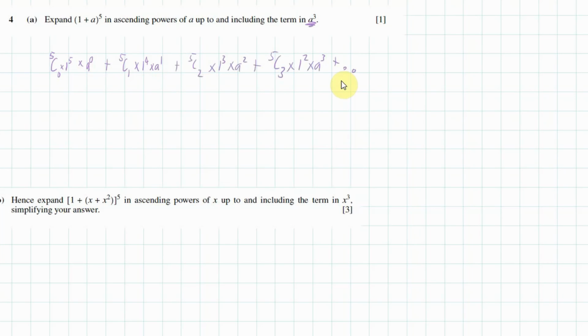Now we are going to simplify this. What is 5 choose 0? That's 1, and that'll be 1 to the power of 5. a to the power of 0 is just 1. Our second term will be 5 choose 1, which is 5, and 1 to the power of 4 is 1 times a to the 1, so that'll just be 5a.